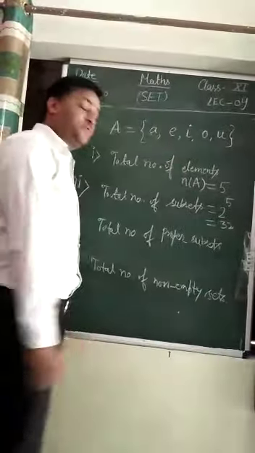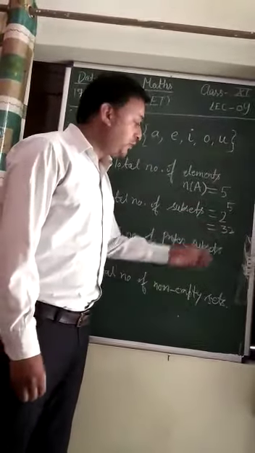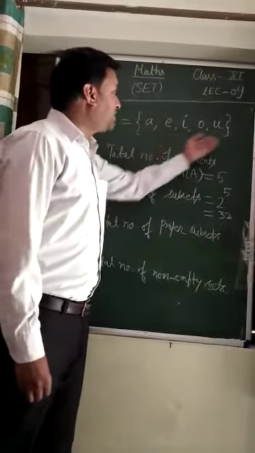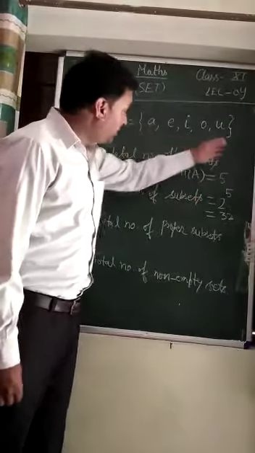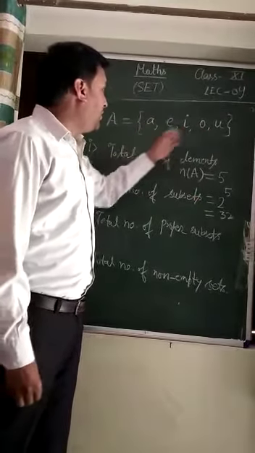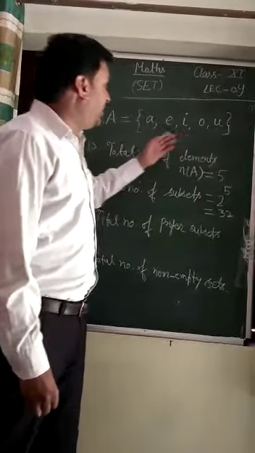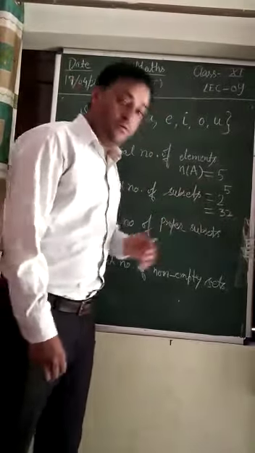It equals 32 subsets. If you have no formula, students, then what will you do? You would list all the subsets one by one: by taking 1 element, by taking 2 elements, by taking 3 elements, by taking 4 elements, and by taking all the elements at one time, then count them.